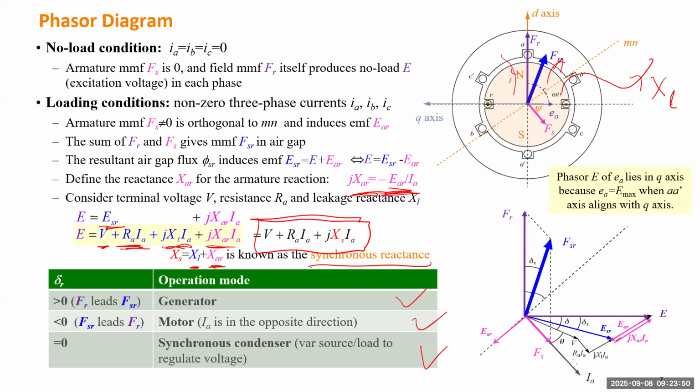If you oppose the direction of Fs, this is Fs. Based on the parallelogram, this will be the total magneto-motive force. So this one will be leading the rotor revolve. So this will become motor mode. We will come back to this one later in the section about reactive power compensation.